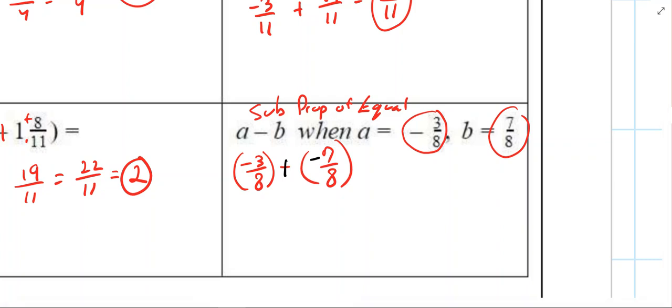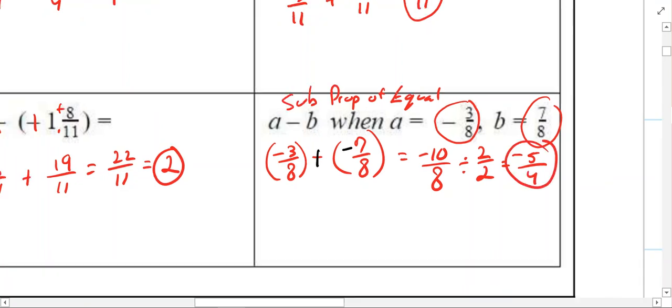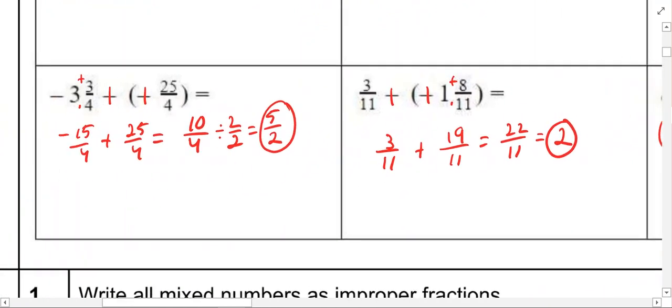And then we begin. We know the denominator is going to be an 8, and negative 3 plus negative 7 is negative 10. This can be reduced. Negative 10 divided by 2 is negative 5, and 8 divided by 2 is 4. All right, that takes care of the like denominators.